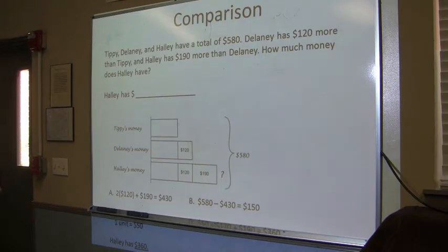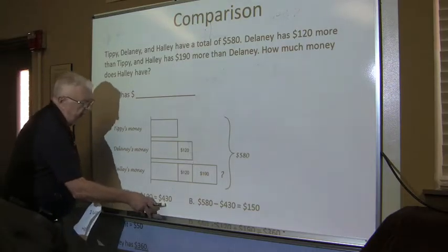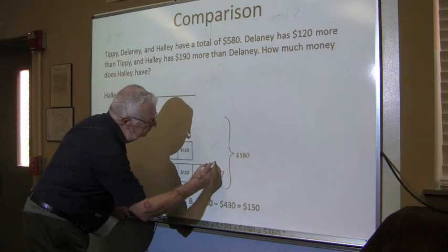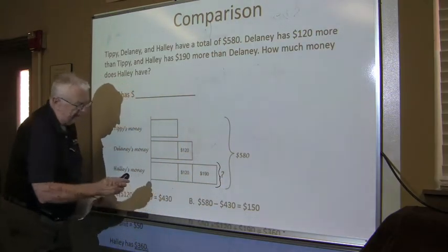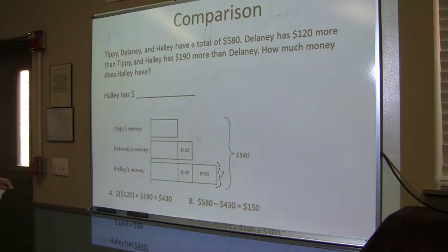Okay? Now we have how much money does Haley have? So this is actually inclusive. I should really put a bracket here showing that it includes them. That should be there to show that it's really going to be the sum of this unit, 120 and 190, which will give me how much money Haley has.